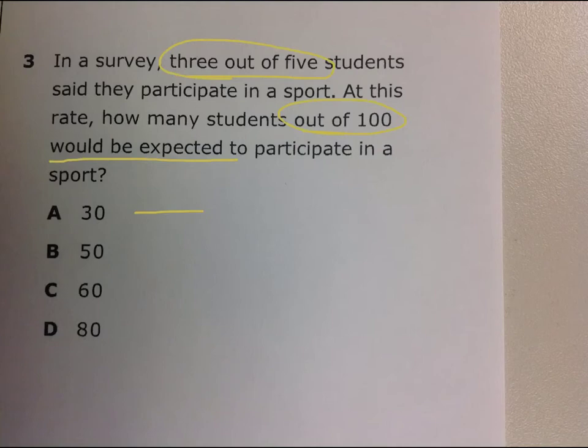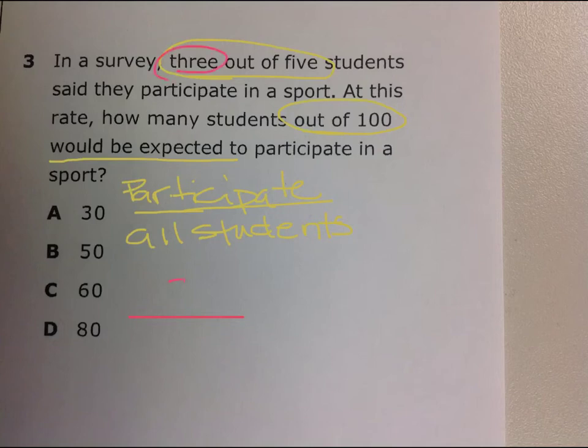Okay. So we're going to have students who participate out of all students. That's what we're looking at. Okay, so if I'm looking now at my clues, at what I know, the facts, when I really did this survey, how many did we find participated?